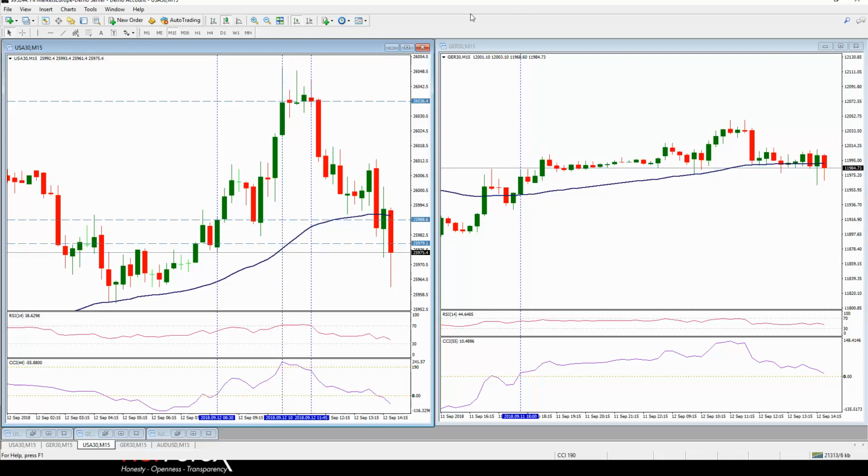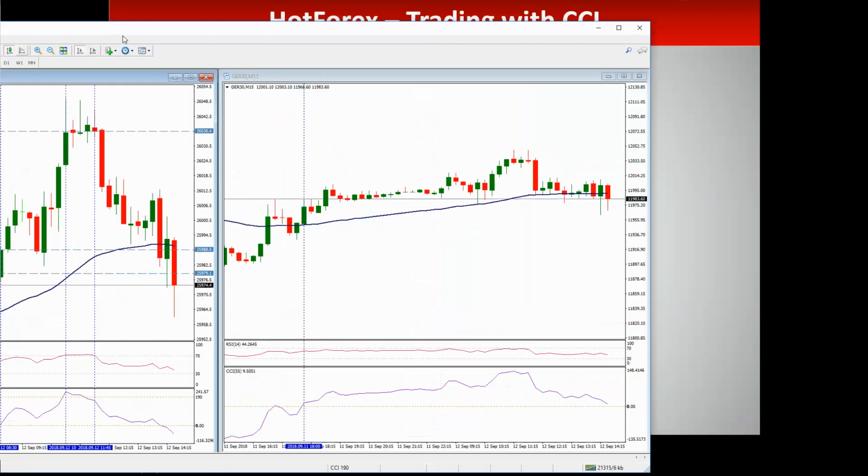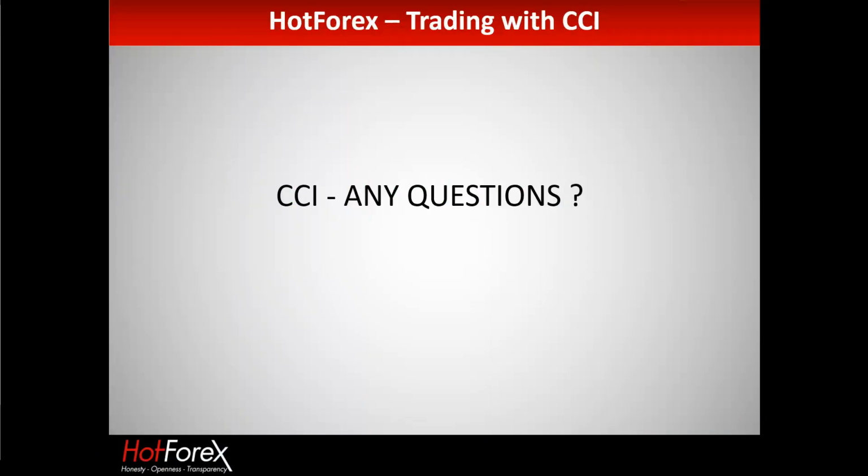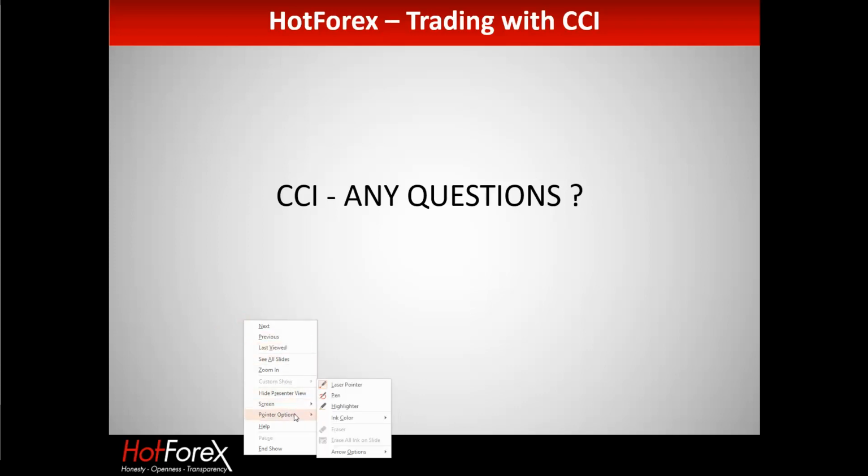So actually, let me just write that down on the slides because I should have done that. So let's just change my pointer. Make it a pen.